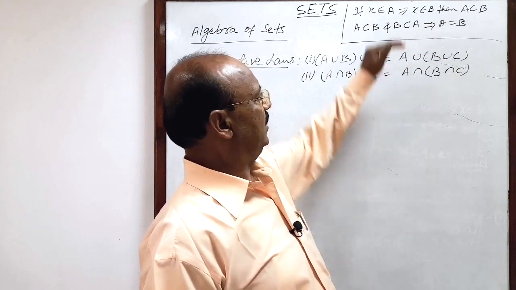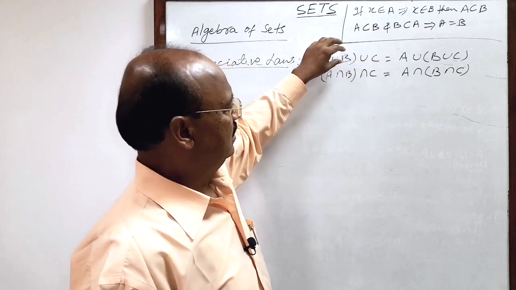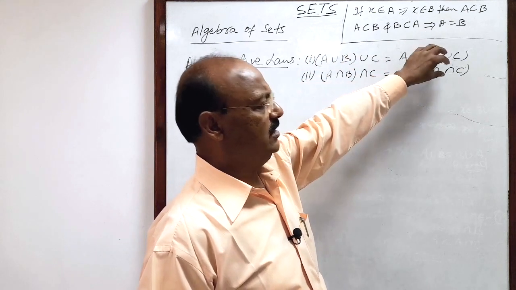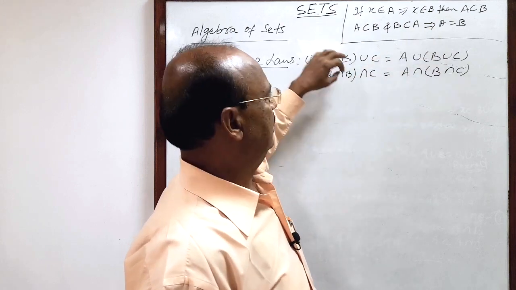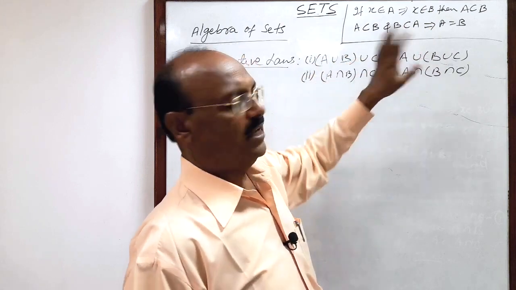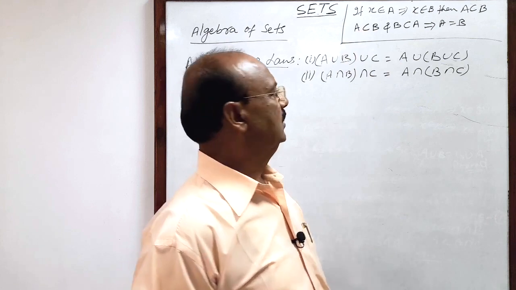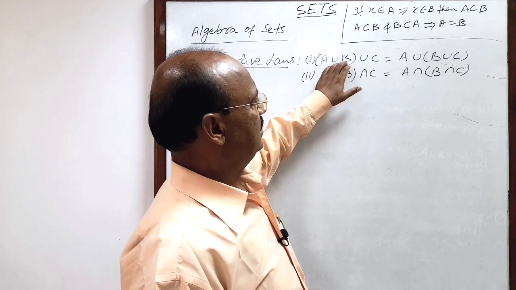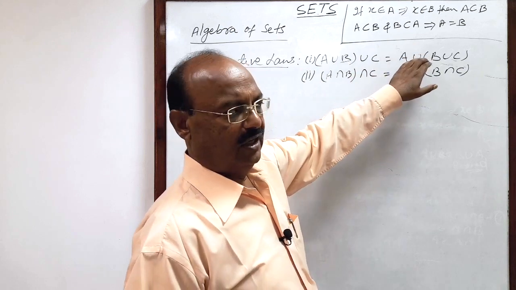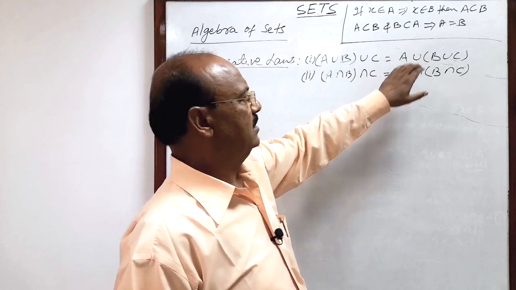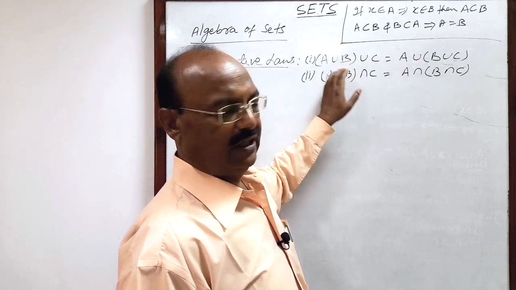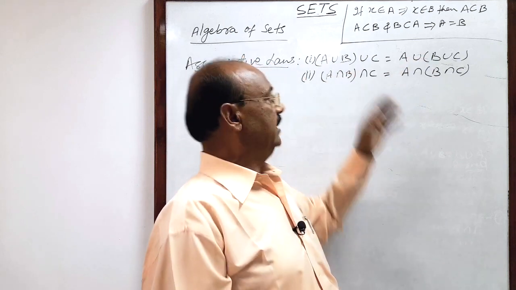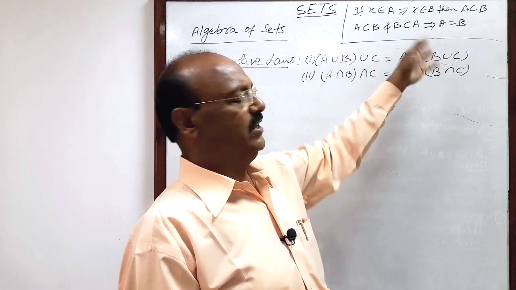The same thing we will apply here: the set in LHS is a subset of RHS and RHS is a subset of LHS, then both sides will be equal. So first we will show that LHS is a subset of RHS, and in the second step we will show that RHS is a subset of LHS, and by combining these two results we can conclude that the set in LHS is equal to the set in RHS.